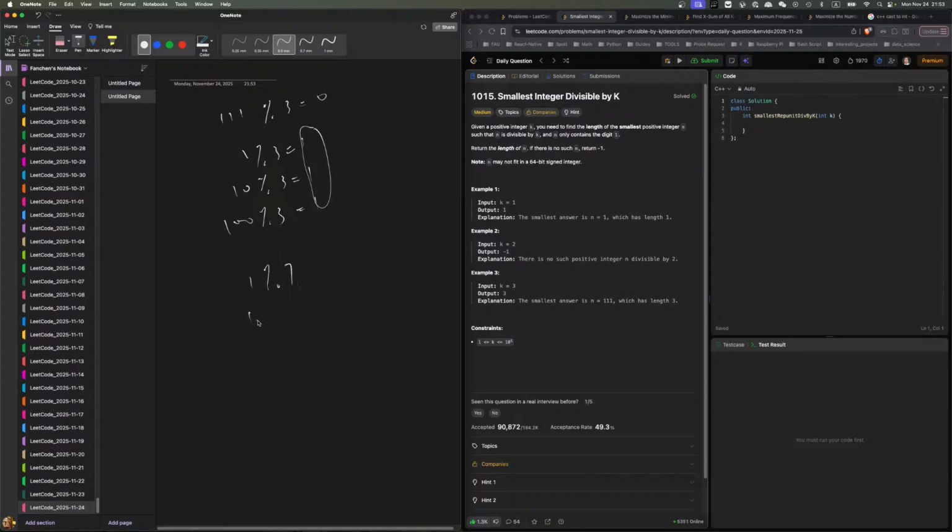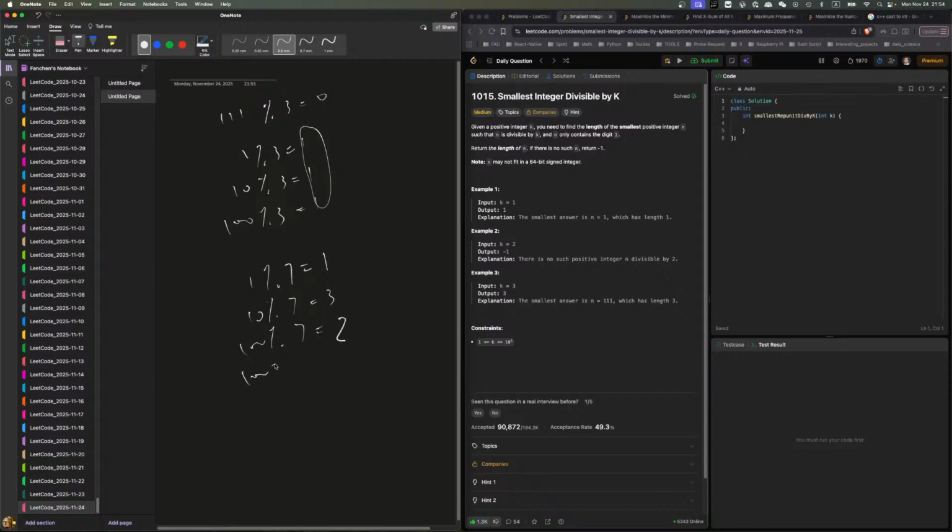1 mod 7, 10 mod 7, this mod 7, and their sum has to be divisible by 7. So this is 1, this is 3, this is, I don't know, 100 mod 7. It's 2.